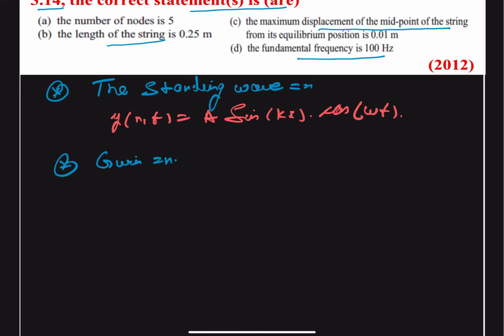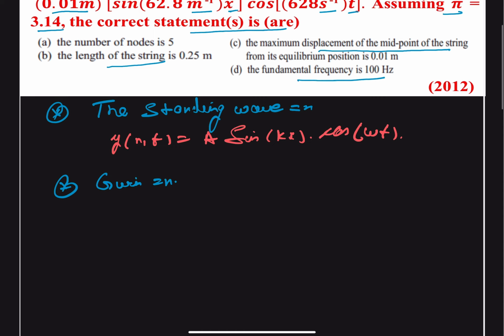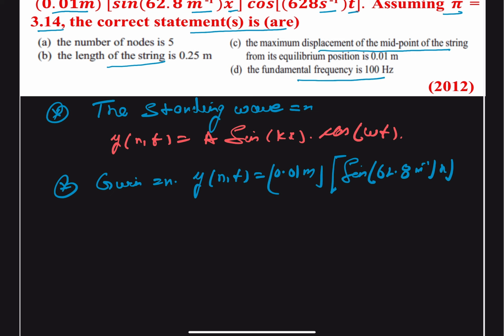Given equation, we have y of x,t is equal to 0.01 m sine of 62.8 per meter x multiplied by cos of 628 per second t.